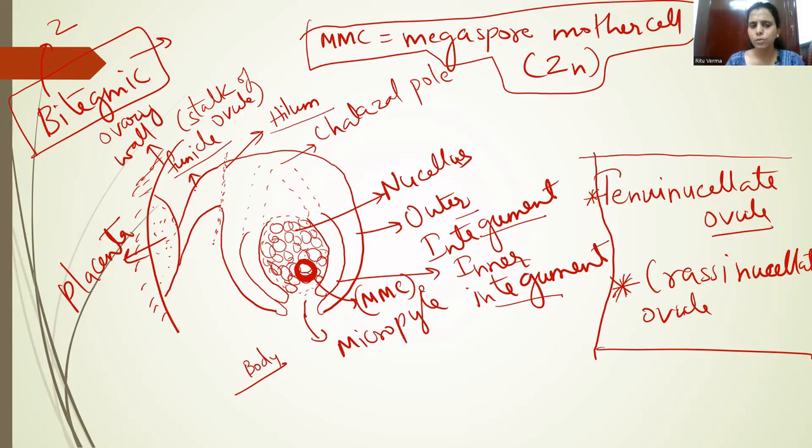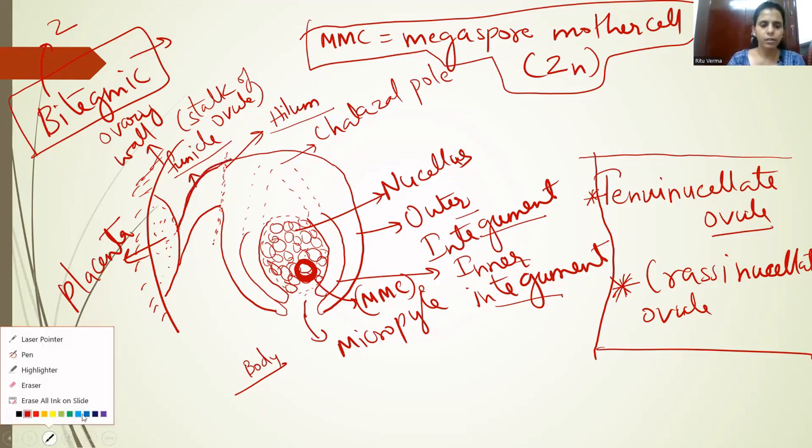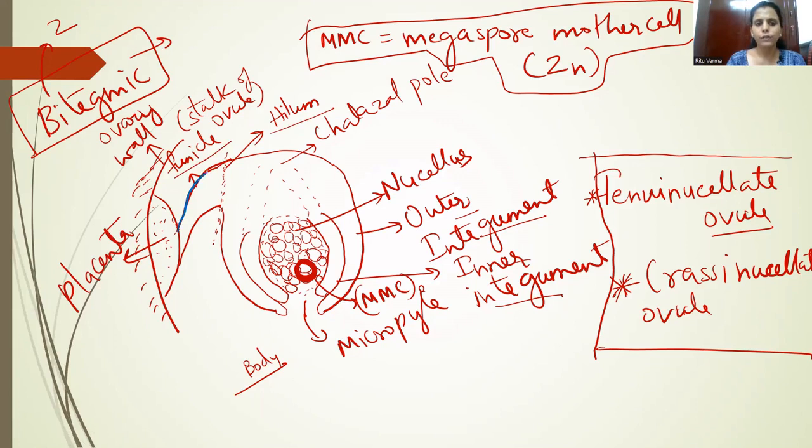One last point to note here is that sometimes the stalk of the ovule, okay, one minute I'll change the color. Sometimes, for example, this is the stalk of the ovule. So sometimes the stalk of the ovule moves forward a little bit, or covers part of the body.